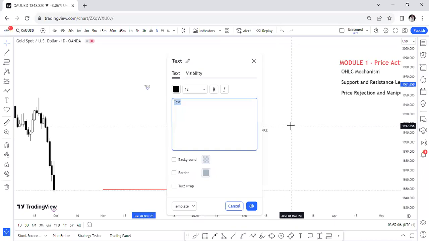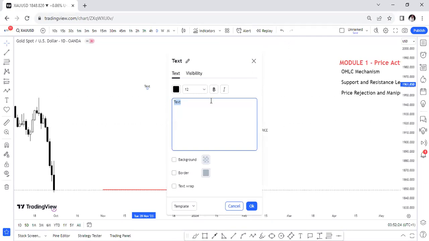So those are the two charts we have in the market. How does price represent this information in chart form? So we go straight to the OHLC mechanism, which is the open, high, low, close.